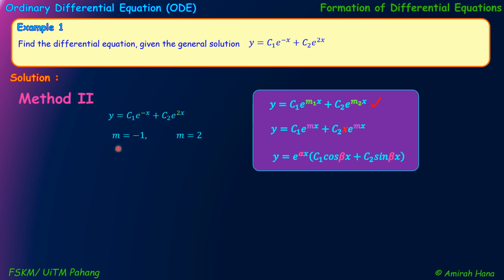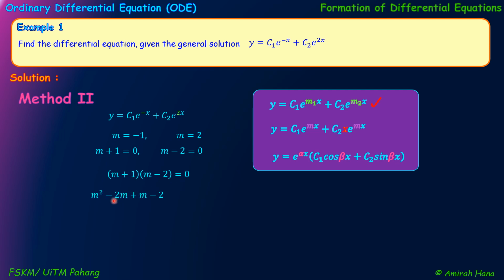After that, we move -1 to the left-hand side and we move 2 to the left-hand side. So we get m plus 1 equals 0, and the other one, m minus 2 equals 0. After that, we multiply these factors, so we get m plus 1 times m minus 2 equals 0.